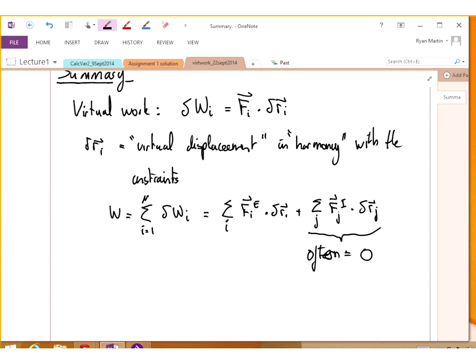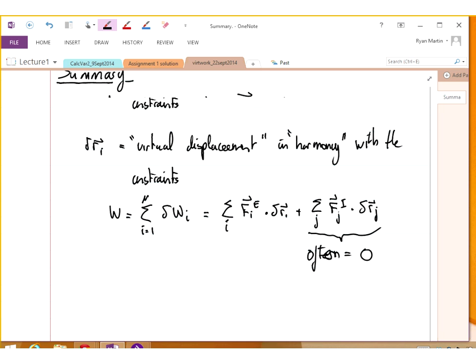For example, the normal force is a force that does no work because by definition it is perpendicular to some contact surface, and no virtual displacement is allowed that goes through that surface. So only virtual displacements that are parallel to the surface are allowed. But then, of course, the dot product that gives you the virtual work between the force and a vector that's perpendicular to it will be zero, identically. And then we also did an example of two masses on a rod. We found that the tension in the rod, which we would call an internal force, also cannot do work.